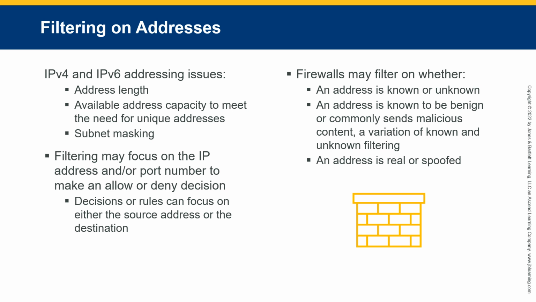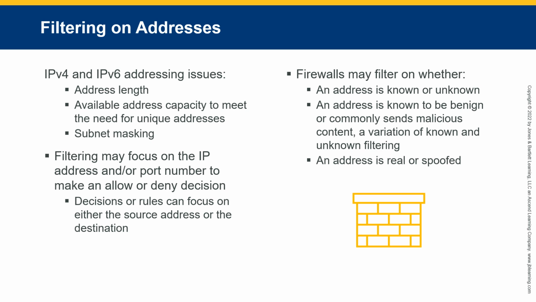Looking to analyze network traffic, you want to focus on filtering on IP addresses. Say you want to look at the things between two different network segments or two different hosts. You would filter on address length, the available address capacity to meet the need for unique subnetting, and masking, see if they're going across a router or something, determine if they are on the same physical logical subnet and such like that.